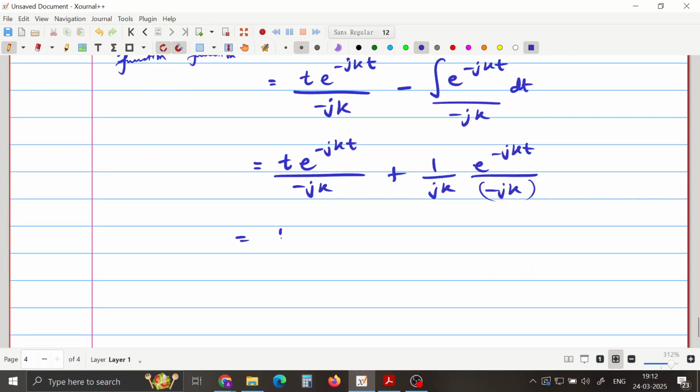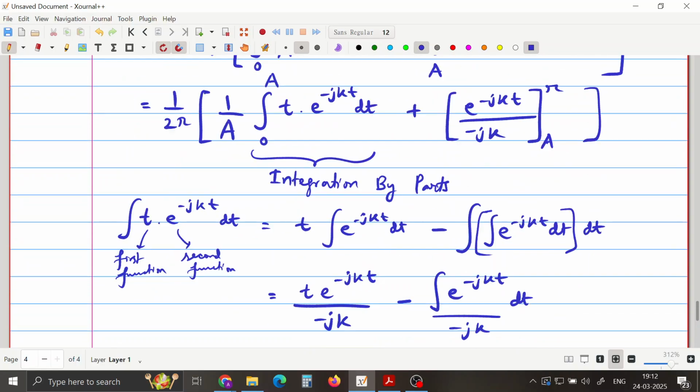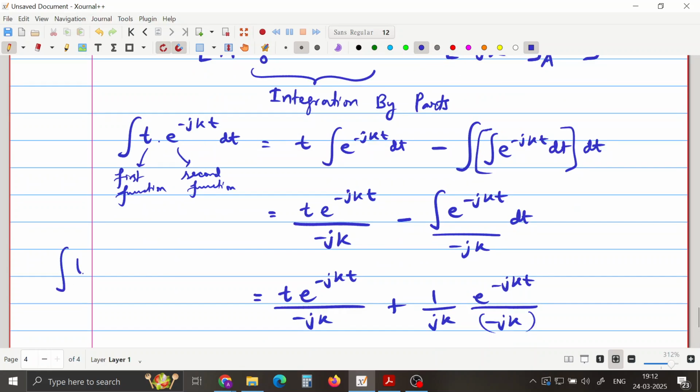And I think whenever you have integration by parts of this form, some t times e power some function of t, the integral has some standard form. If you memorize that, it will just save your time. You need not work out the derivation by doing all this.